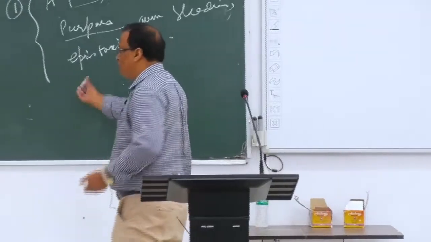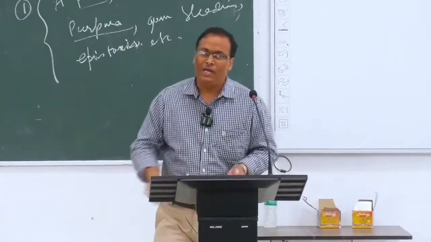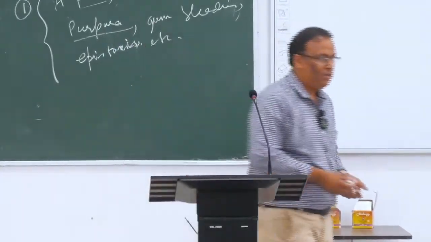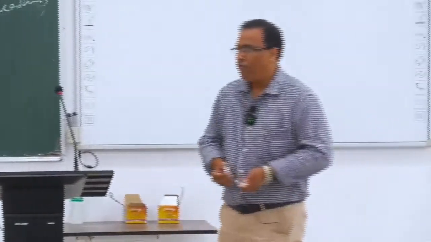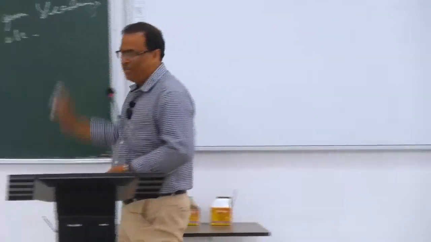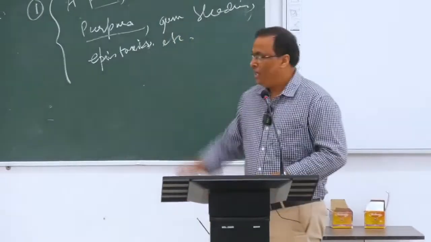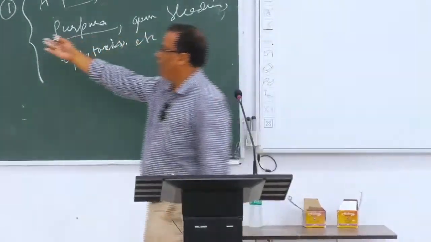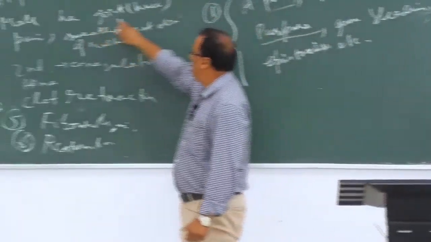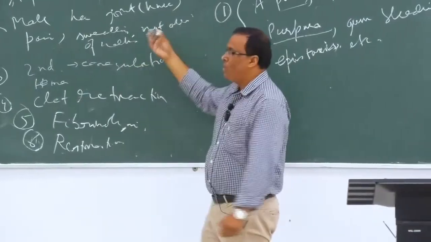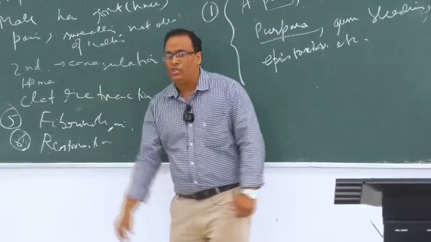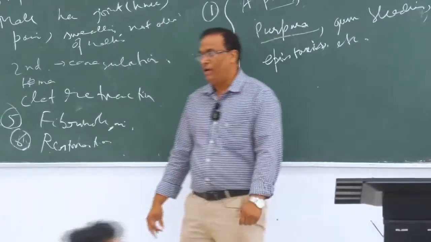Anyway, you will get these two types of patients during your internship, in your day-to-day practice. If you are going to be a child specialist, then we often get these patients. In the case of a 13-year-old male patient with knee joint pain, swelling, not able to walk, and blood inside the joint, it is mostly hemophilia, right?